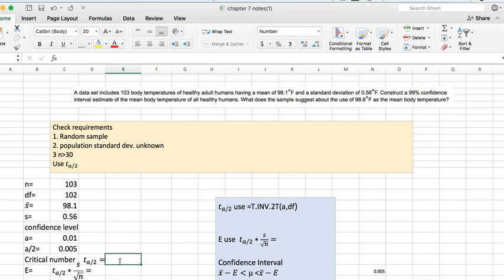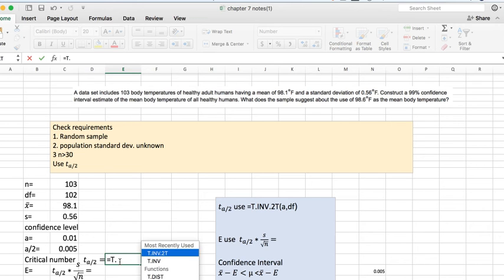So we're going to use the function T.INV.2T for two tail. We just need the probability. So we're going to put in our alpha level and our degree of freedom, which is 102.